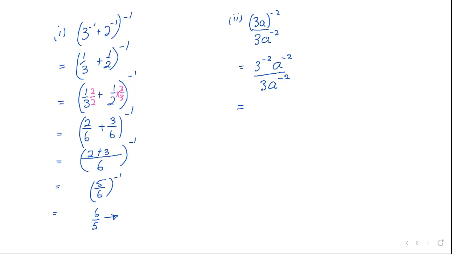Now, this will cancel with that. And we remain with 3 negative 2 over 3 to the power 1. Now we can take the 3 down.